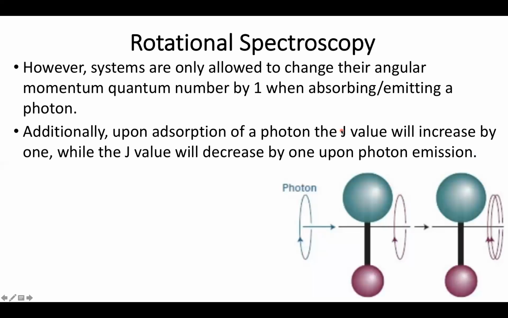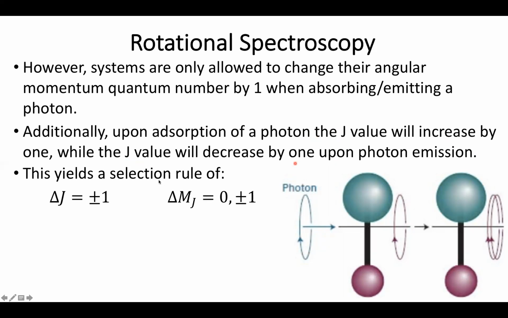As a result, if I'm doing, say, microwave spectroscopy, I absorb a photon to excite the rotational levels. My J should increase by 1, and any emission should be related to a decrease by 1. So again, our selection rule is that the rotational quantum number should change by plus or minus 1.